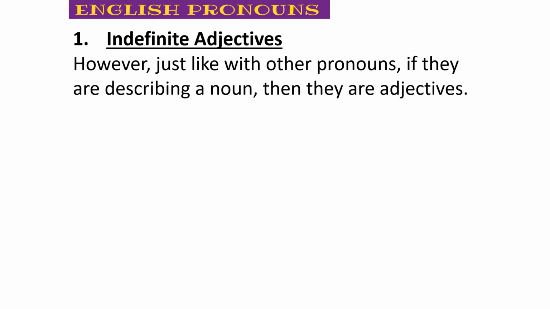Problem is, we also have indefinite adjectives. They're the exact same words, except they describe a noun. They're next to a noun. So, many slices. But again, it's still indefinite. It's still vague. It's still unsure. I don't know exactly how many that is. 20 slices, 50 slices? We don't know how much that many is.